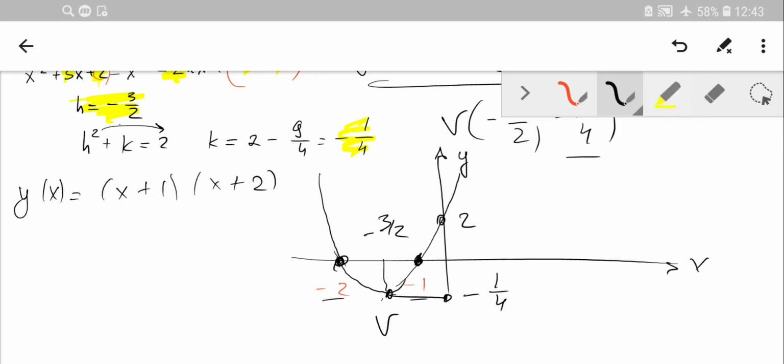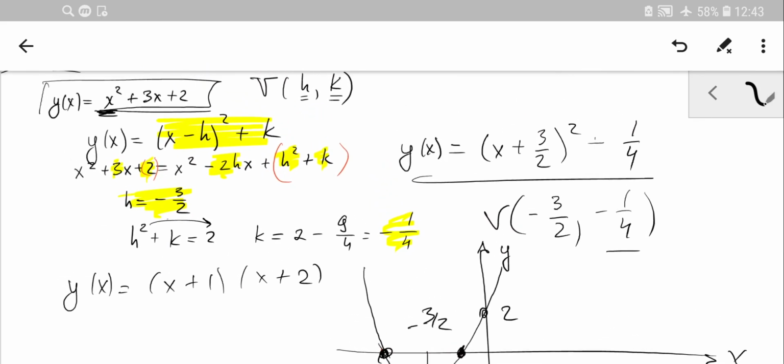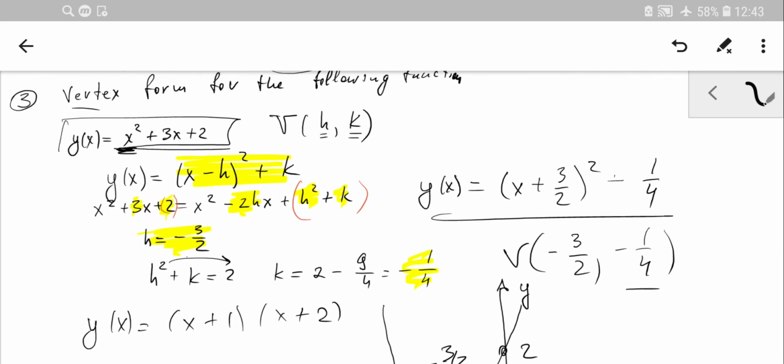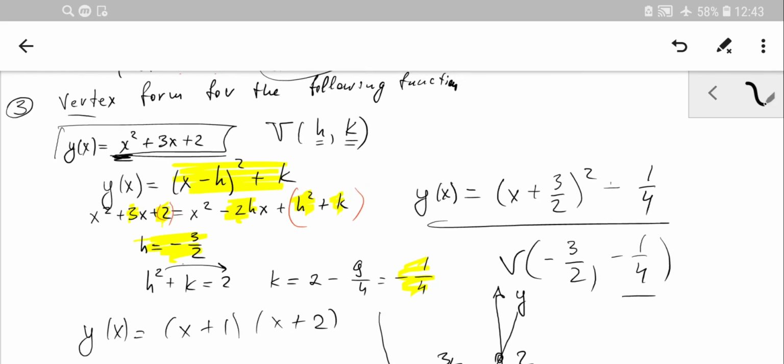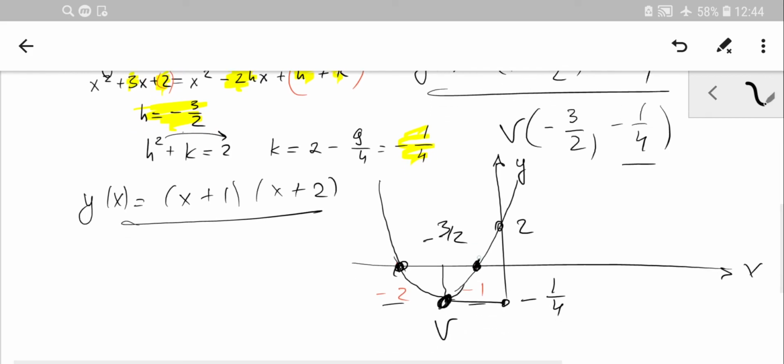So that's in full correspondence with what we did. So you see, you can apply completing the square to get the vertex form in order to write your function in the vertex form, and also you can use factorizing in order to build or sketch your graph very fast. So that's how it works, guys.